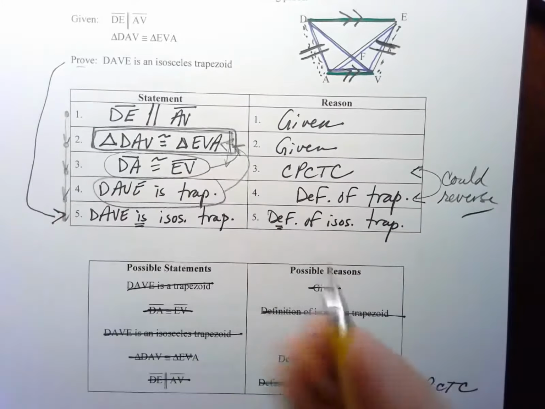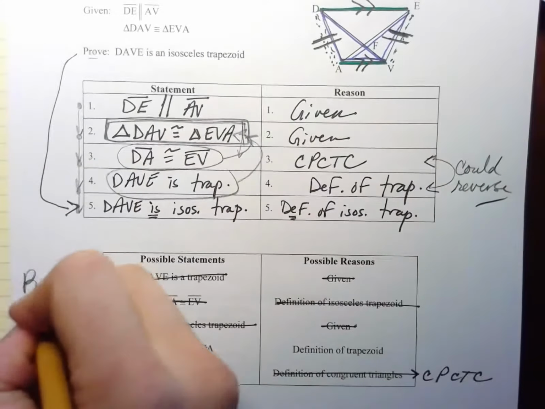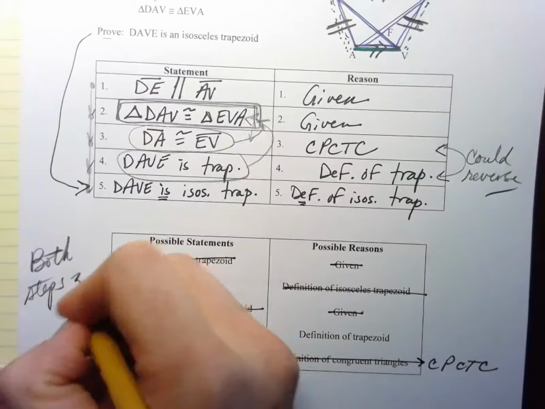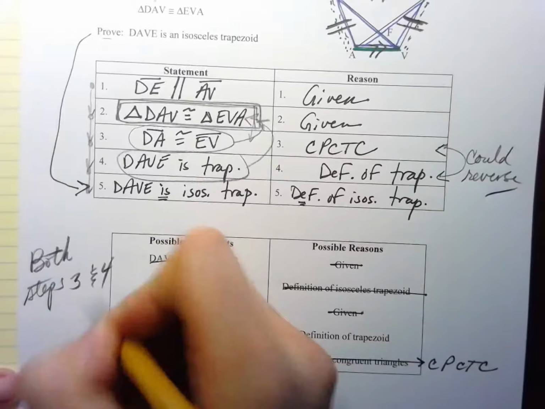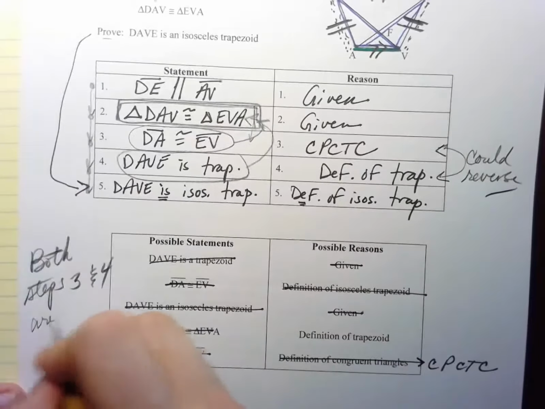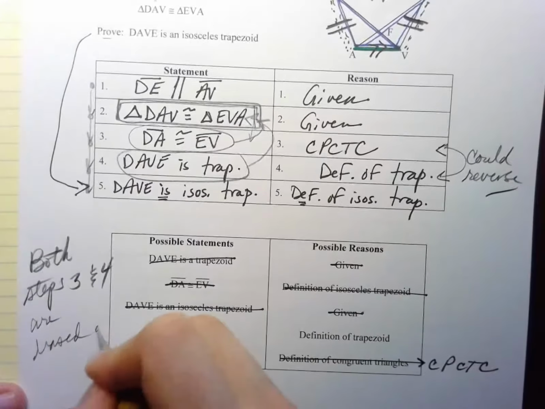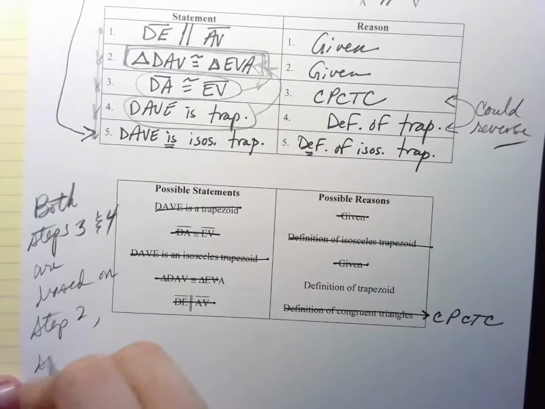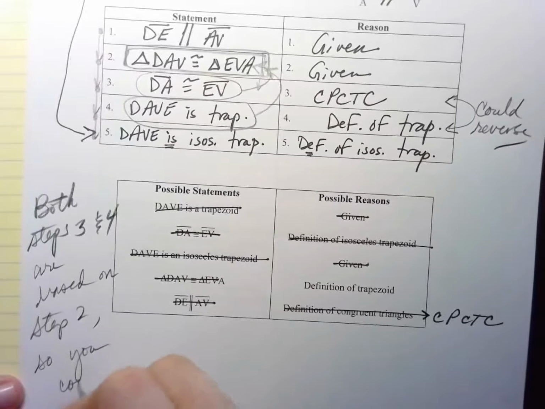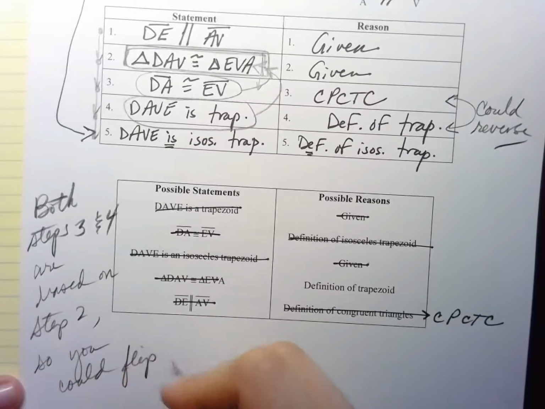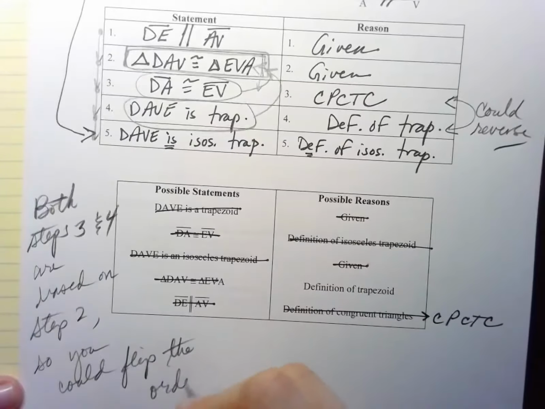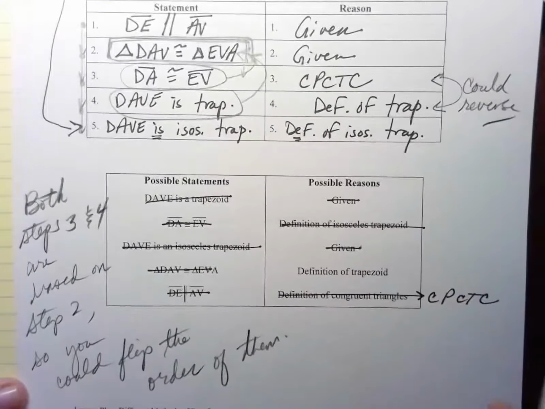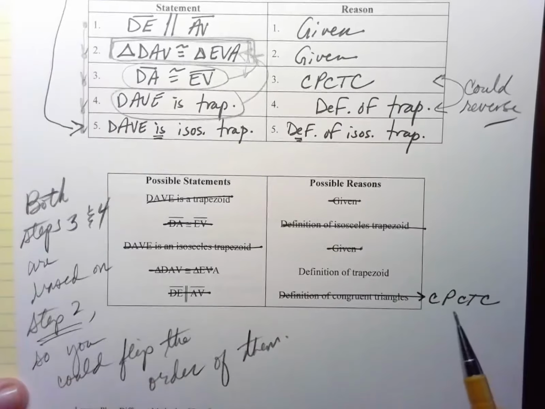Both steps 3 and 4, and I'm just going to write this down, are based on step 2, so you could flip the order of them. You could flip the order of them because they're both just based on step 2. Okay?